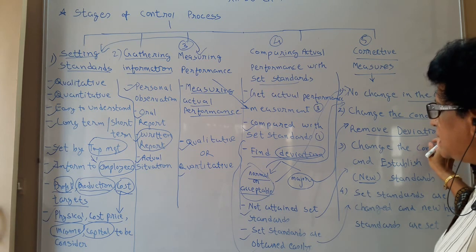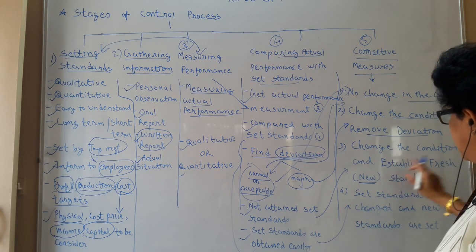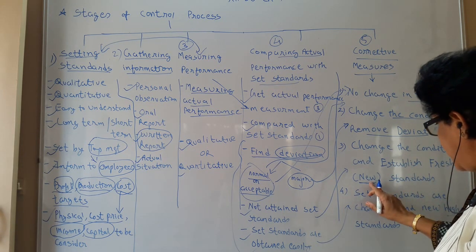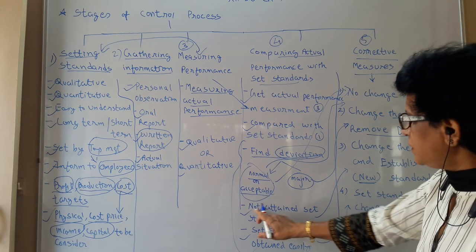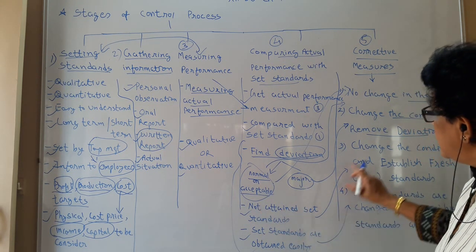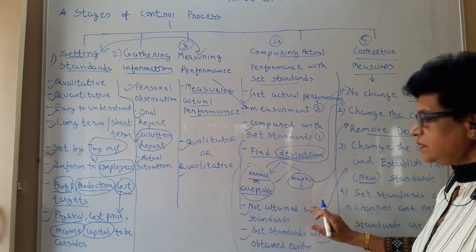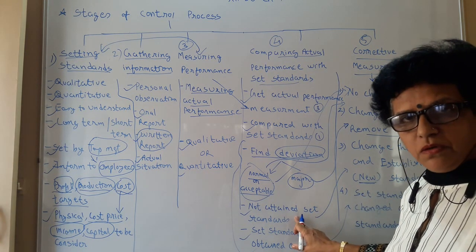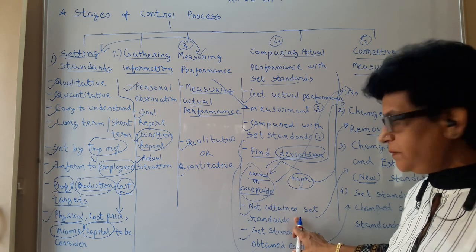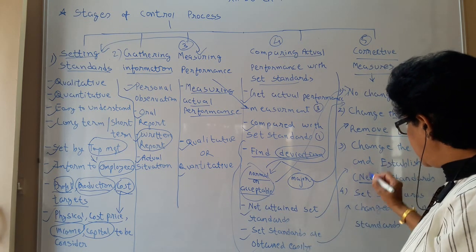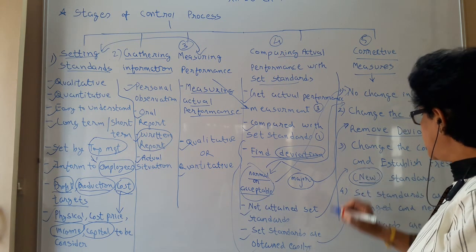The next is to change the condition and establish a fresh new standard. Why do you require this? Because the set standard is not attained at all. It means that the child is below average and you are asking for 99%. How is it possible? It's better that you change and set a new standard.